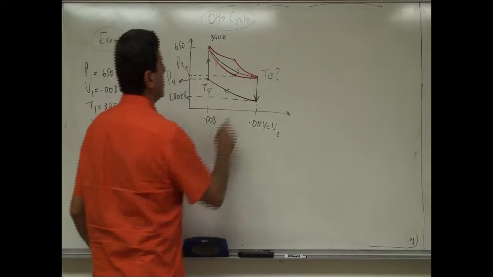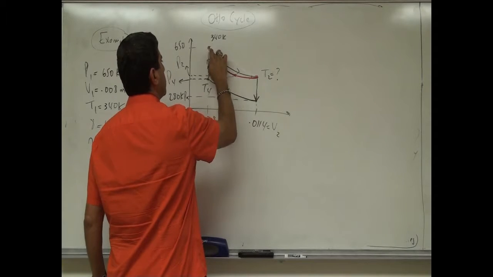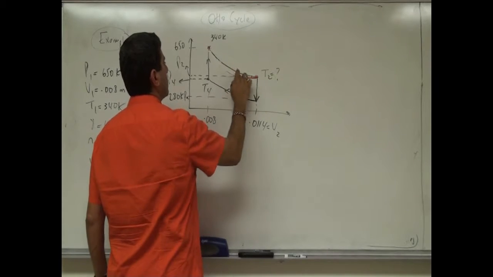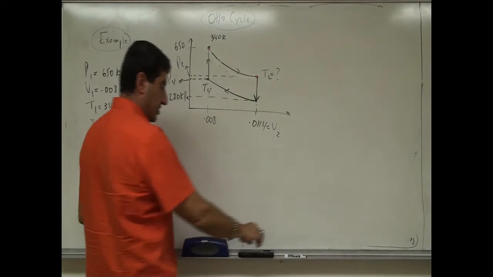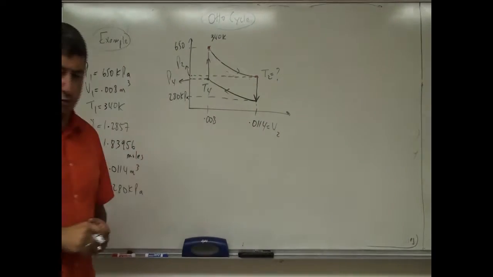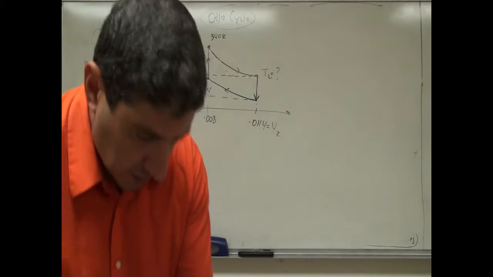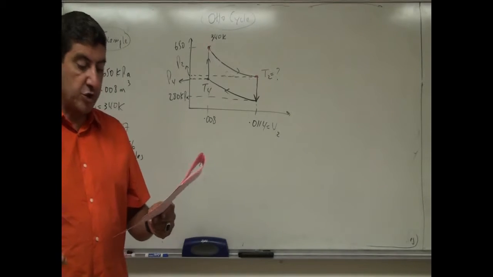So now let's erase this one. Okay. So now let's ask a bunch of questions on this. What could be our questions? Well, the first thing we can say is what are the pressure, volume, and temperature in each state?